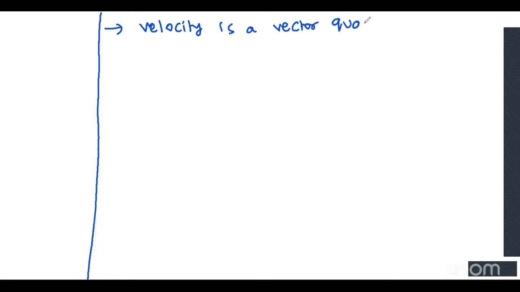Since velocity equals change in displacement, I can say that velocity is a vector quantity.